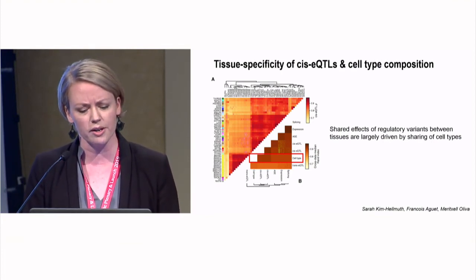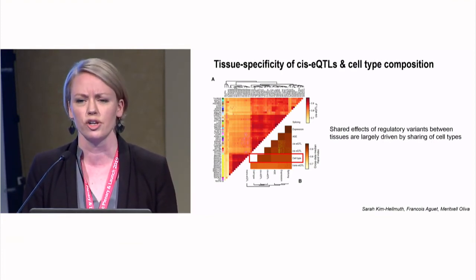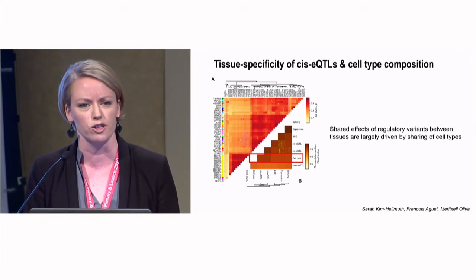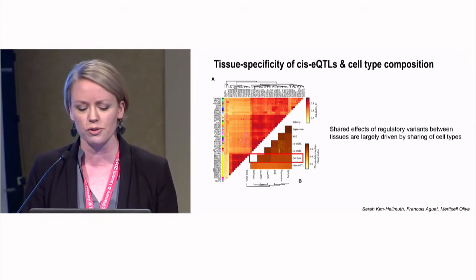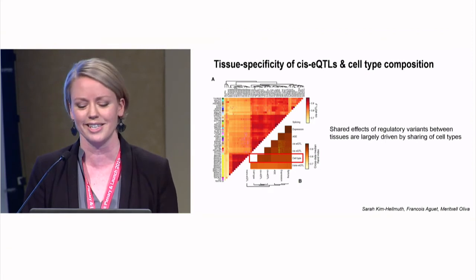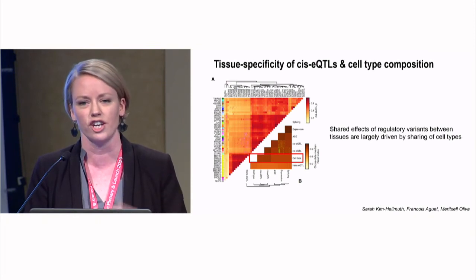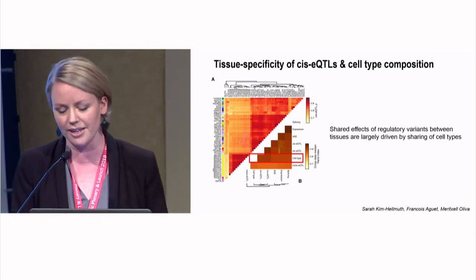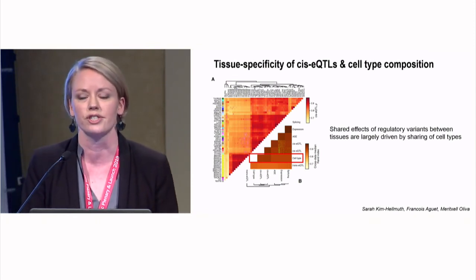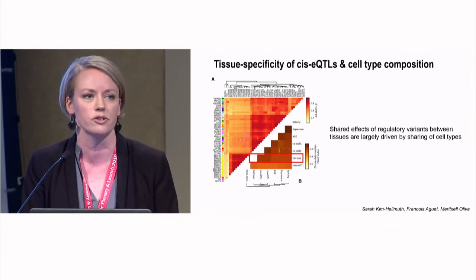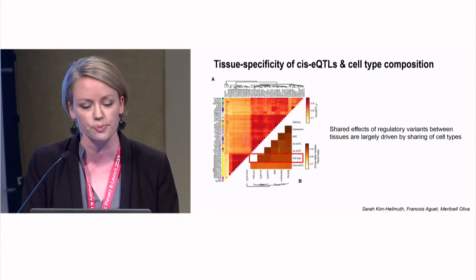But then when we construct a similar pairwise tissue sharing matrix just based on cell type enrichments, we see that this is super highly correlated to the cis eQTL sharing, really showing us that shared effects of regulatory variants between tissues are largely driven by sharing of different cell types, again indicating what a crucial factor cell type composition is when we want to understand and analyze human tissues.